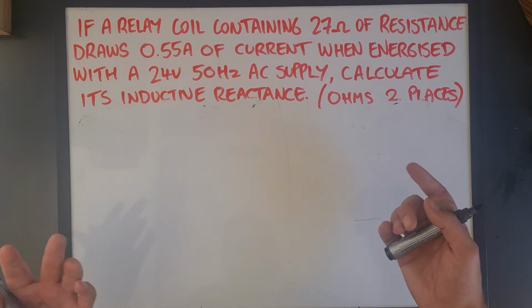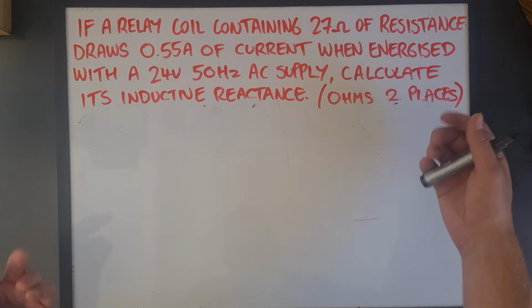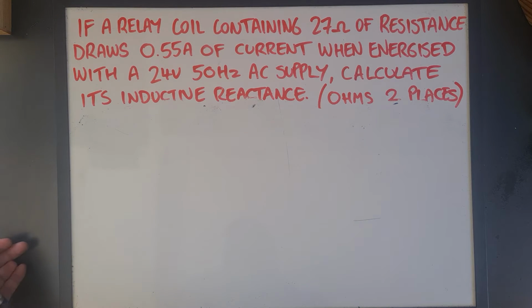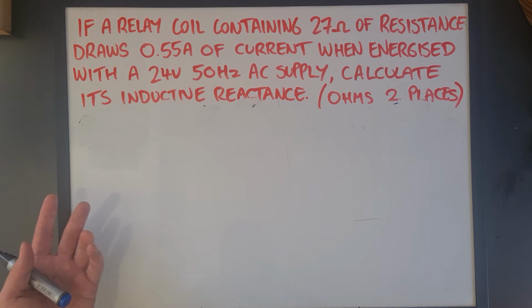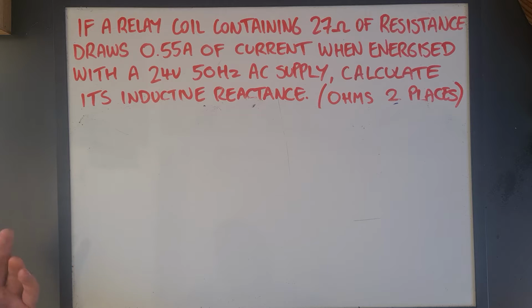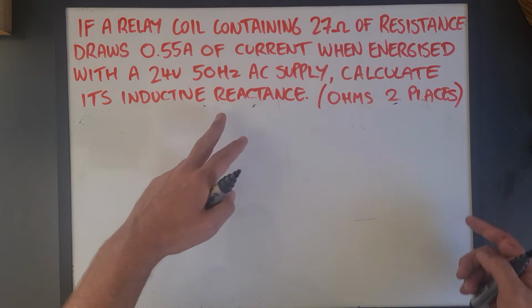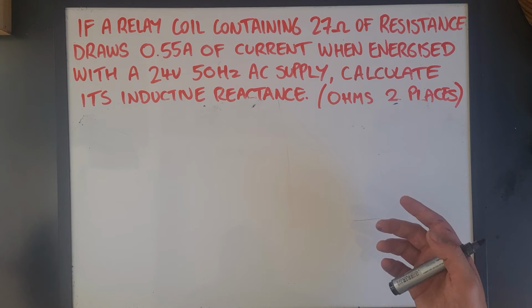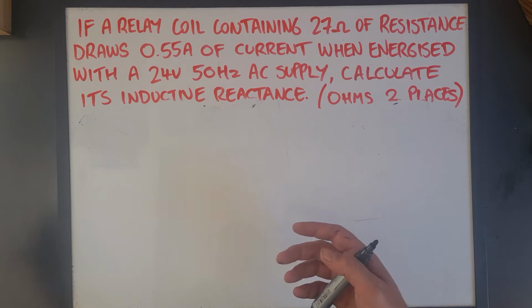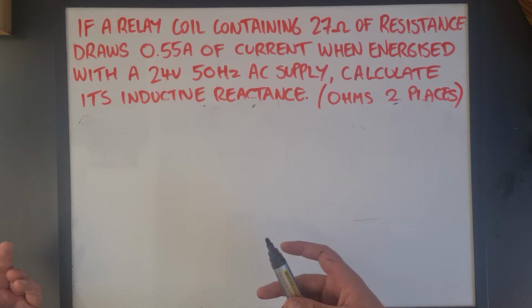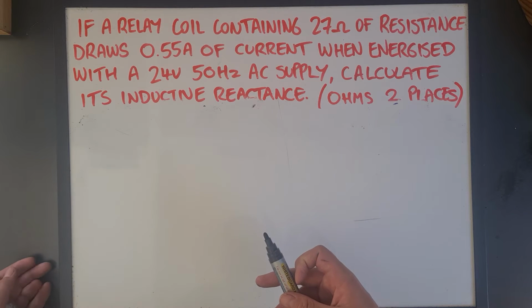So any piece of wire firstly is going to have some resistance, but by virtue of it being coiled up, that's going to mean it's got some inductance and therefore inductive reactance. So we can interpret this as being essentially a series circuit containing resistance and inductive reactance, which from our notes in this topic we should understand is what we call a series RL circuit.